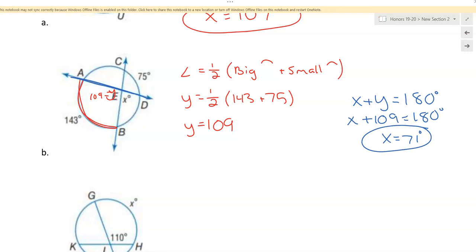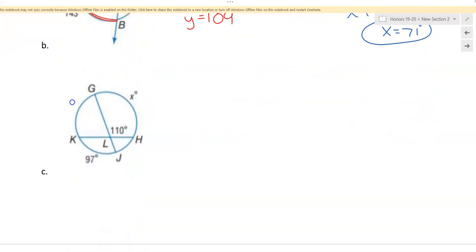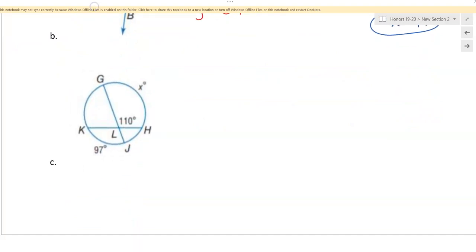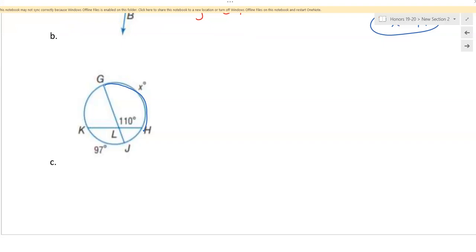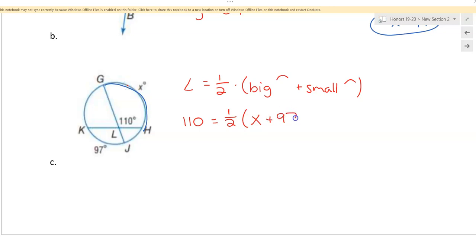Okay. All right, looking at our last example for this type of problem, now I'm solving for this arc instead of solving for the angle, but it's the same type of thing. The angle is equal to 1/2 times big arc plus small arc. So our angle we know is 110. Our big arc is X, and our small arc is 97.